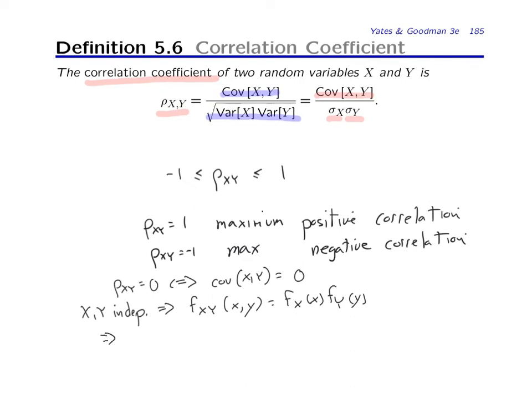And this implies that the expected value of x minus mu x times y minus mu y, well, we write this as this double integral.